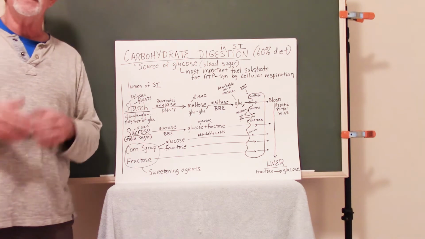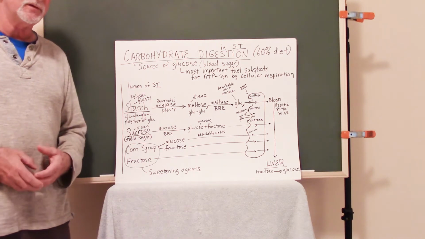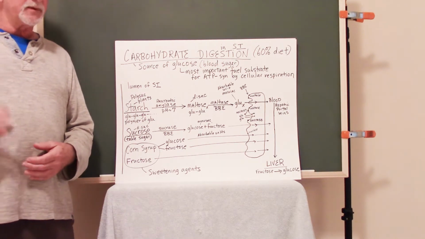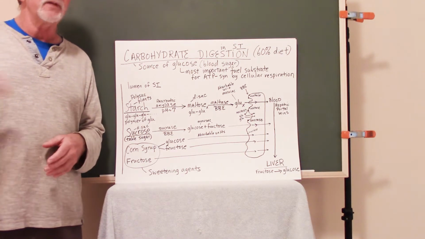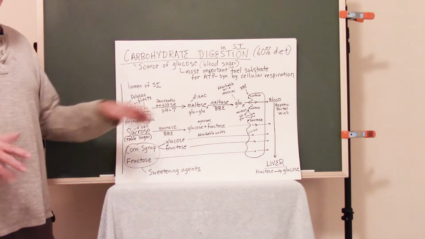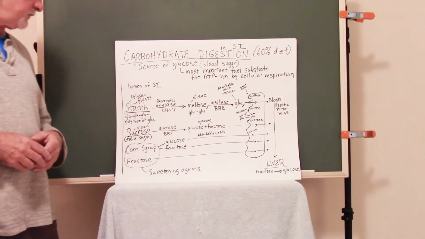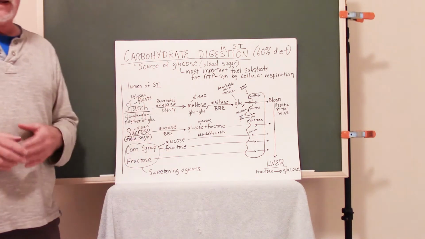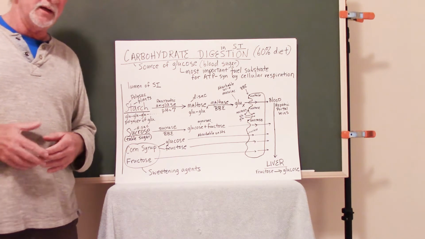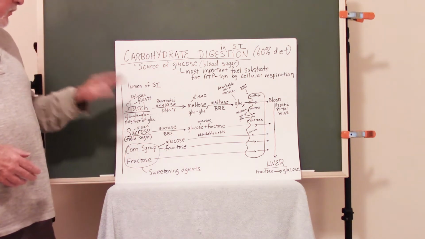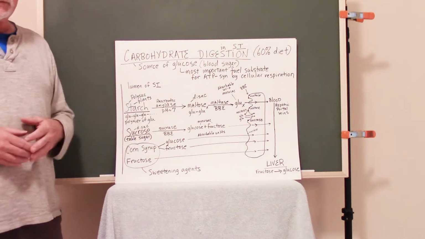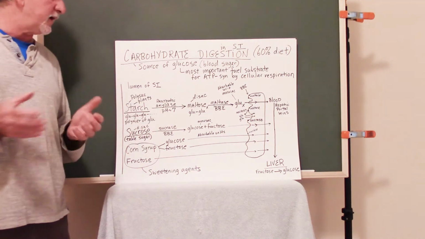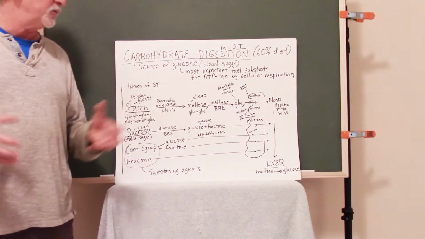Of course, that amylase comes in with the pancreatic juice, and its optimal pH, which is the case for all of the intestinal enzymes, whether I say so or not, is a pH of around 7. So pancreatic amylase, like salivary amylase in the mouth, breaks down starch to maltose. Maltose is a disaccharide made up of 2 glucose molecules bonded together.